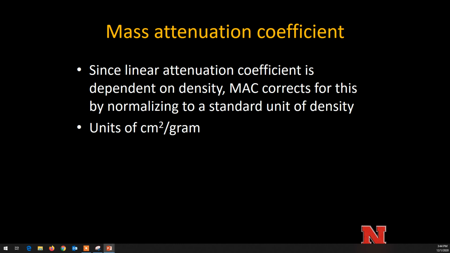So it basically standardizes everything for a given density, since different materials inherently have different densities, which factors in irrespective of their individual molecular properties, which cause them to attenuate the incident photon beam differently. All right.